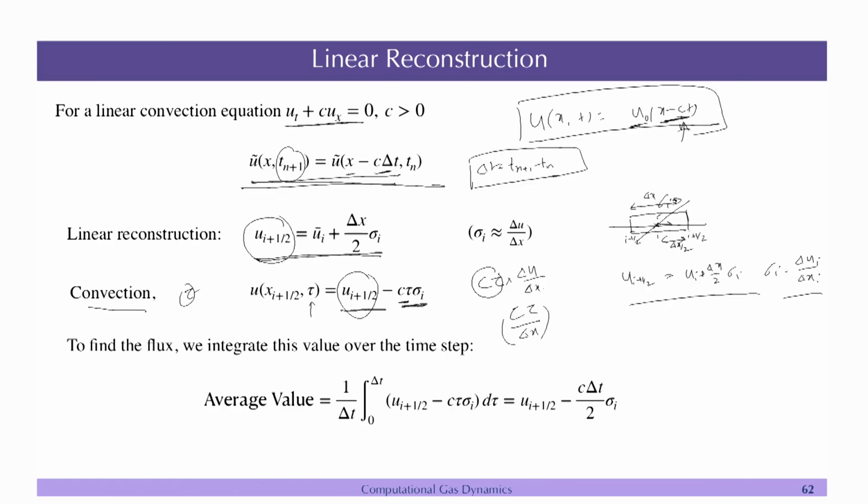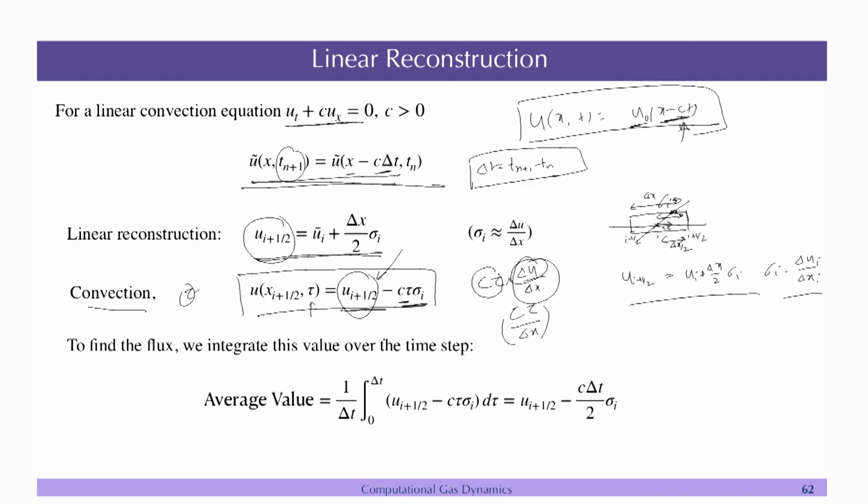Let us say this is my delta x, this is my c tau, and then whatever variation we have, which is delta u. I hope it is clear that when you have the linear variation, you can write at a very small time tau from the initial value at I plus half, minus c tau sigma I, right.